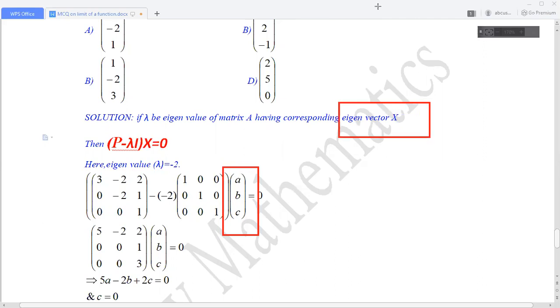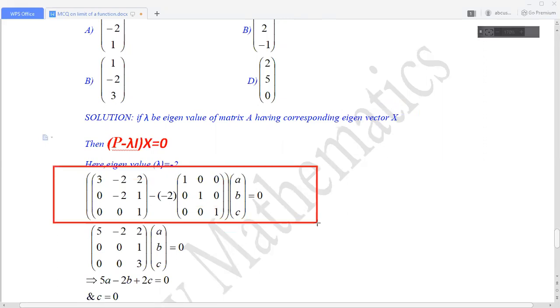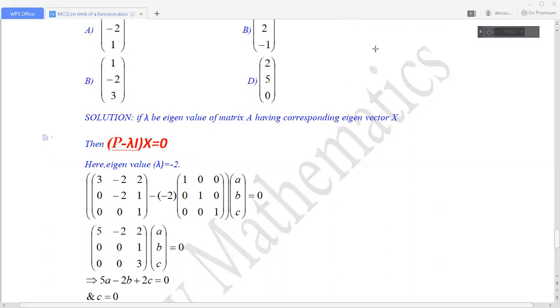In this system we substitute the value of P in the equation P minus lambda I times x equals 0. Here it is simple matrix operations. First of all we have to multiply this matrix by the scalar. -2 times 1, negative times negative, is positive 2.